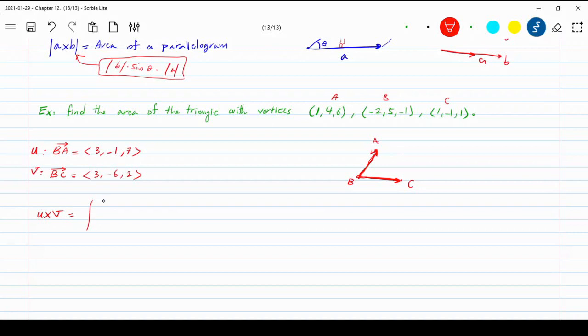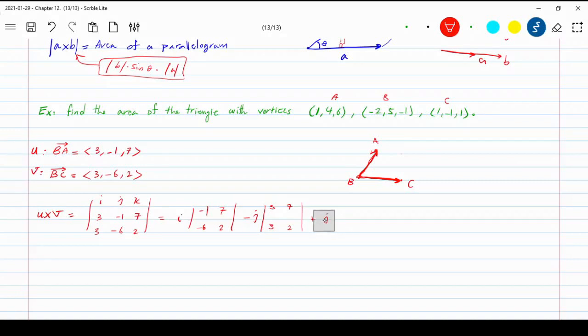That would be, write the determinant i, j, k, 3, negative 1, 7, 3, negative 6, 2. And this would be i times. It takes quite a while to calculate all these numbers, but it's nothing complicated. You just need to make sure that you write the corresponding submatrices correctly. Don't make any mistakes.